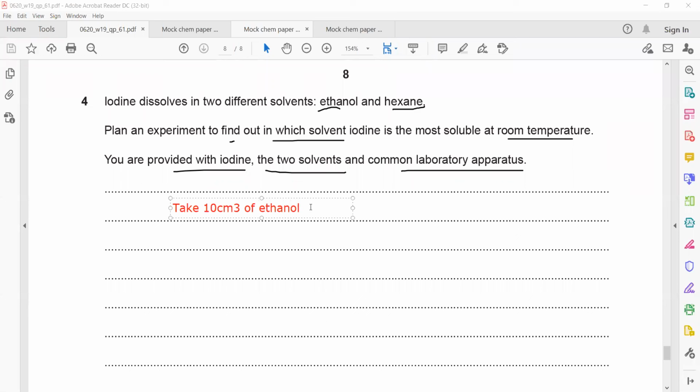Add 20 cm cube of ethanol into a beaker using a measuring cylinder. You can mention that.